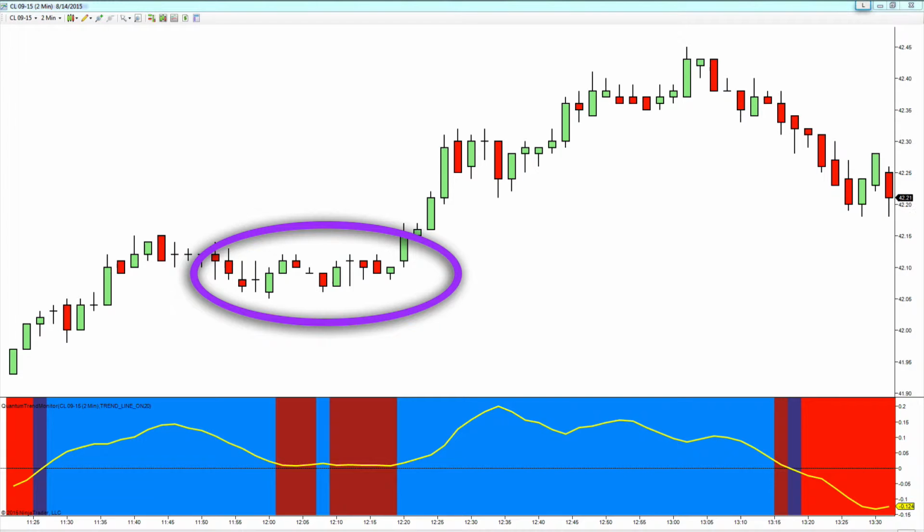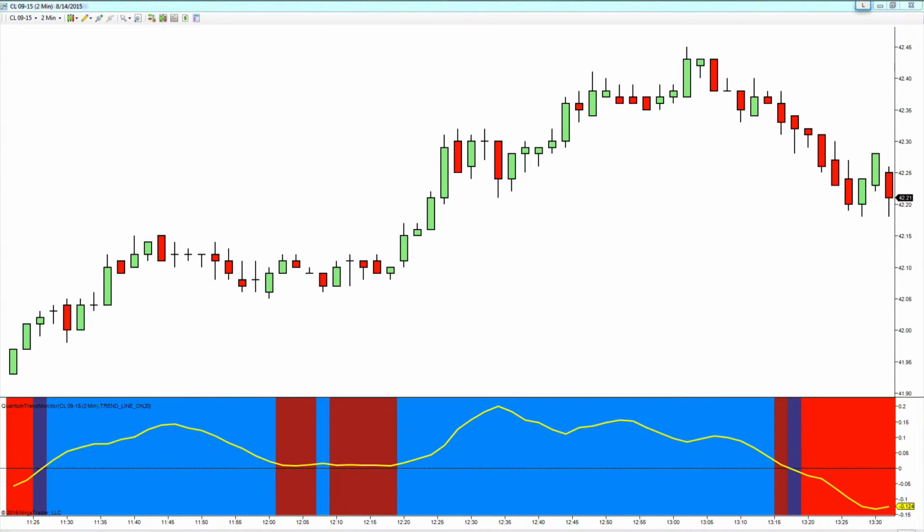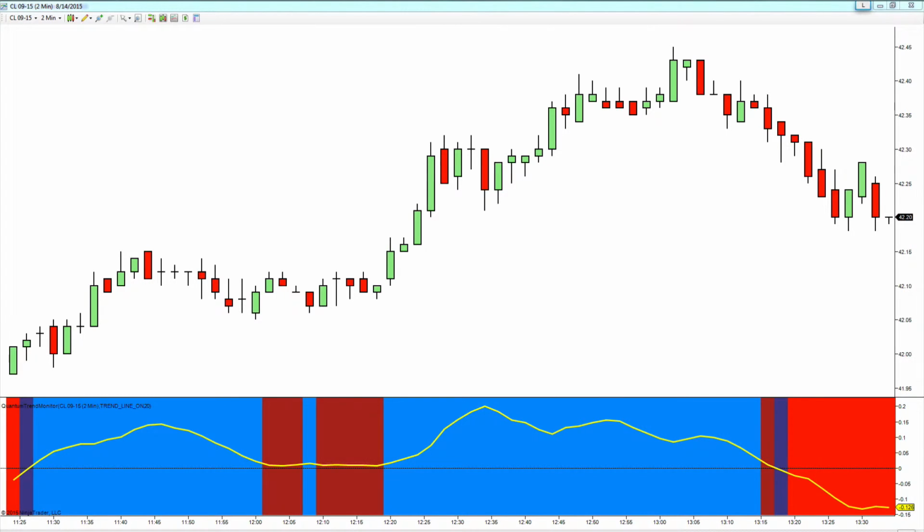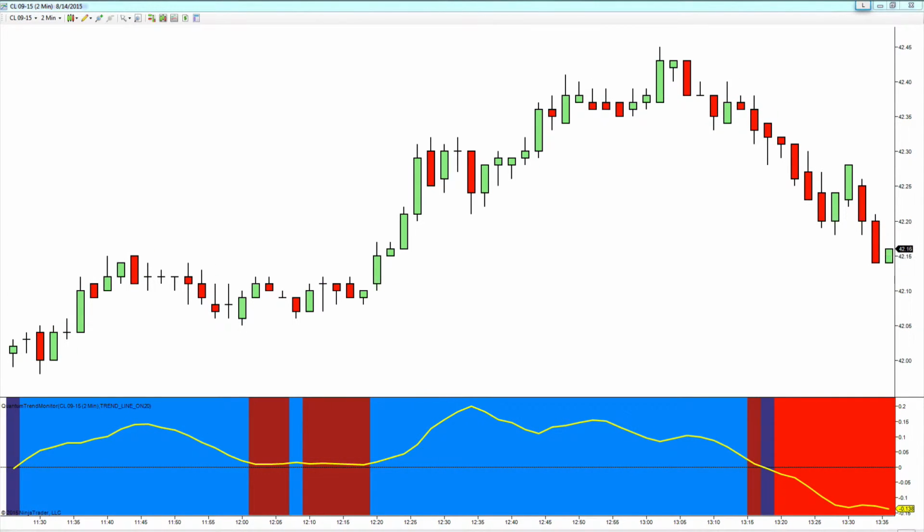So in other words, it held us through the trend, and then the remainder of the bullish trend picked up thereafter. And you can see that's also reflected with the trend line, which dipped down, hovered around the 0 point, and then picked up as the bullish trend developed once again.